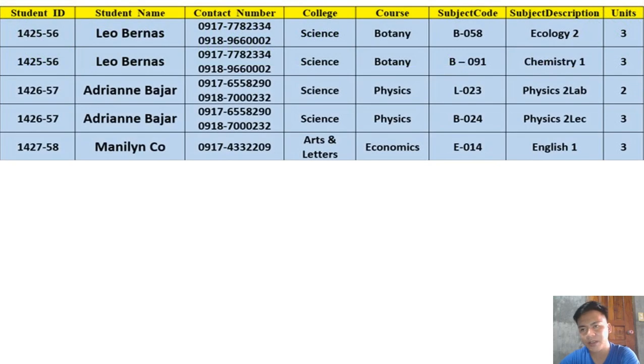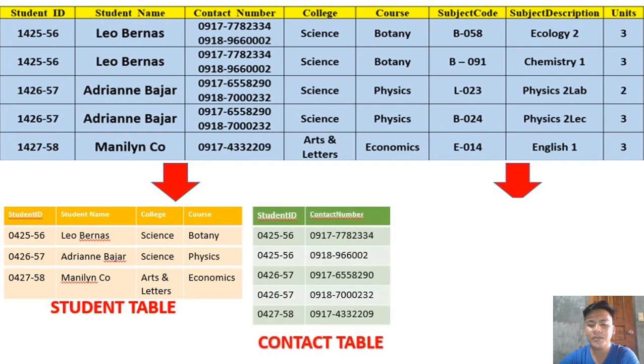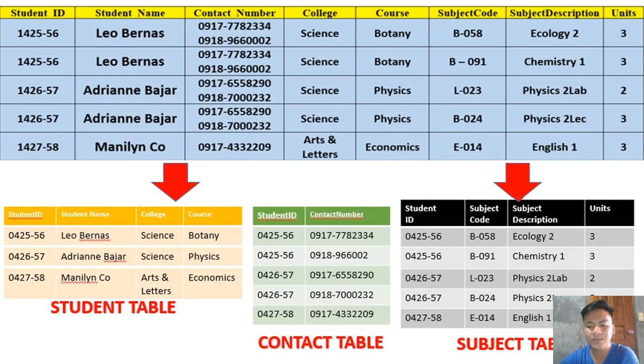That's why we created a flat file database table containing the student ID, student name, contact number, college, course, subject code, subject description, and of course the units. By performing the first data normalization, we grouped the different field names based on their function. That's why we came up with the student information table, the contact information table, and lastly the subject information table.